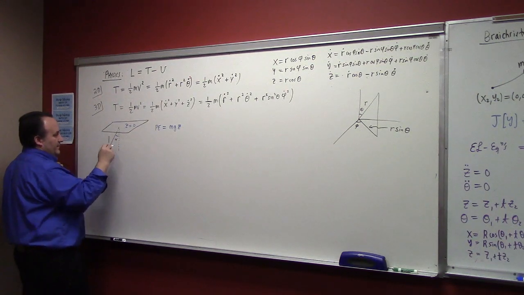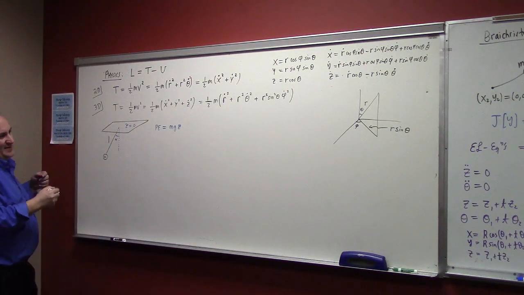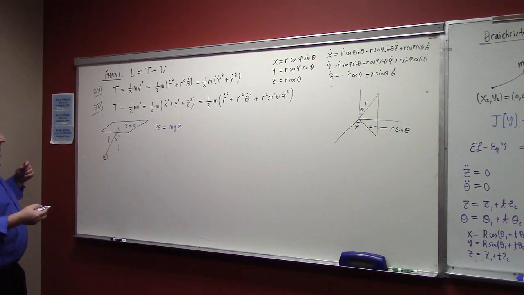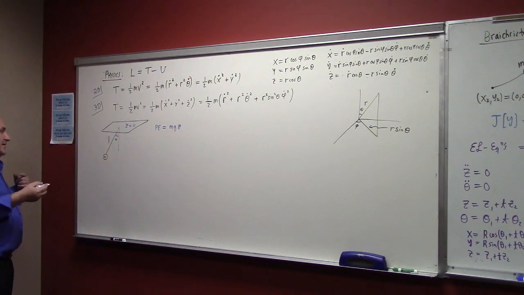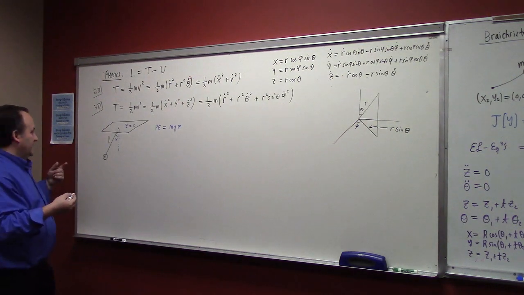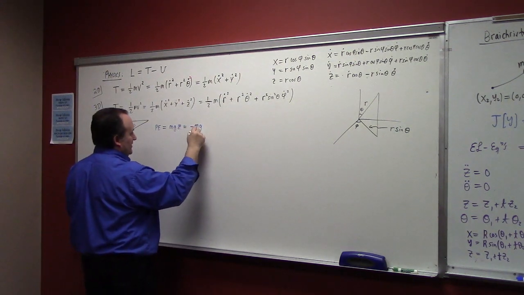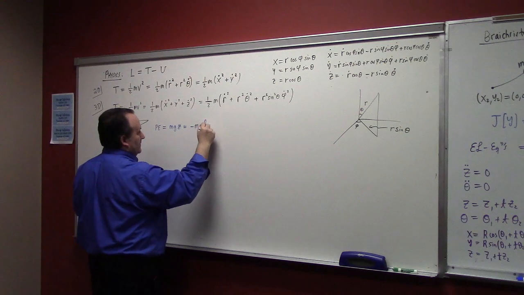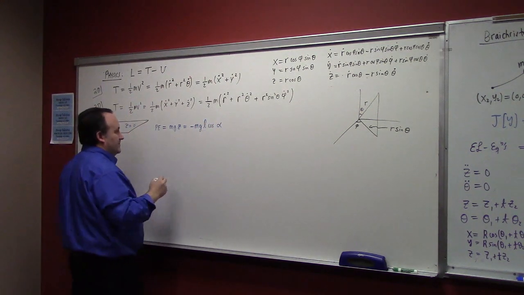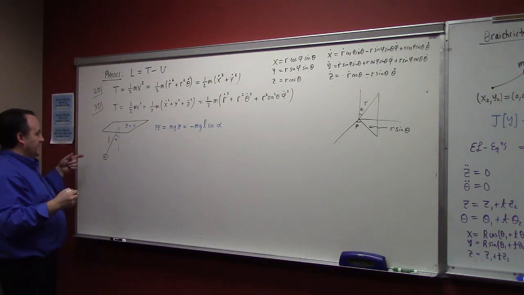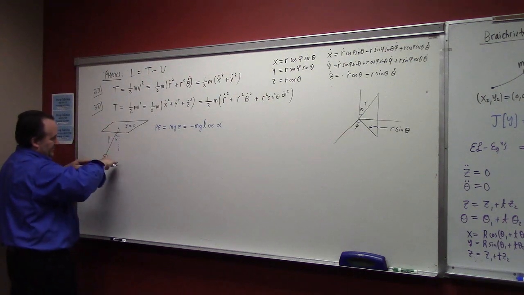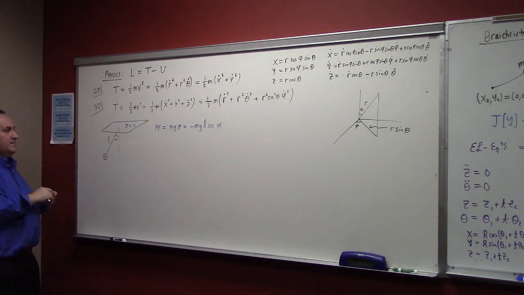Let me call that alpha, because it's not quite the same as the theta over there. But anyway, what's my z? I believe what I'd have is something like minus mgL cosine alpha, given that setup. That would be its z.